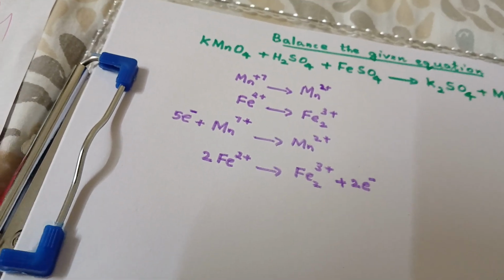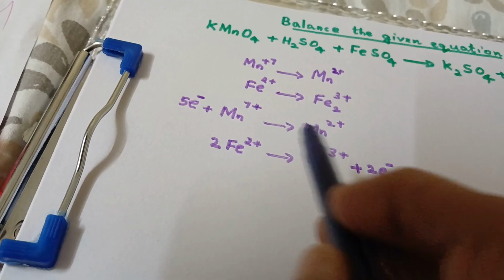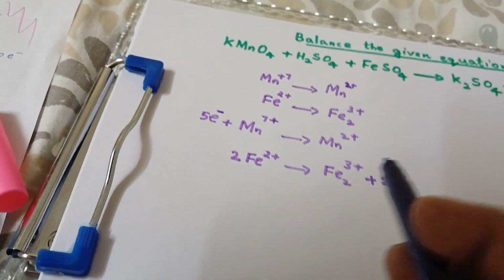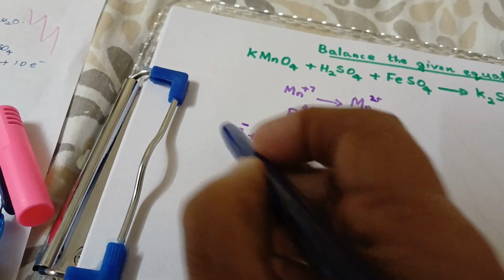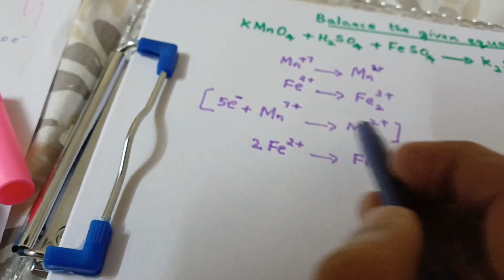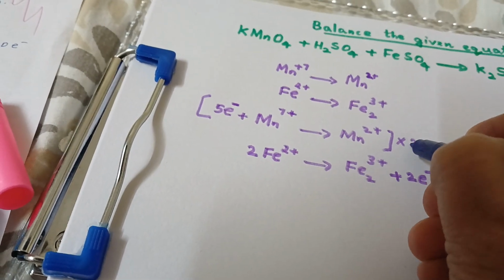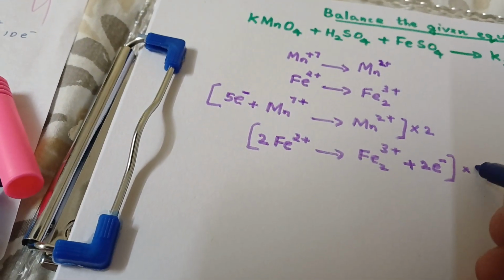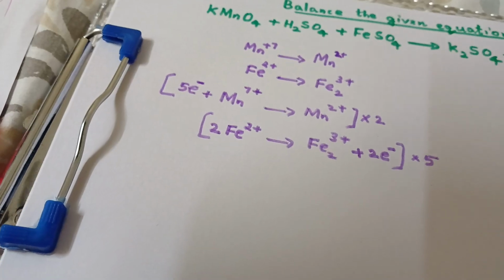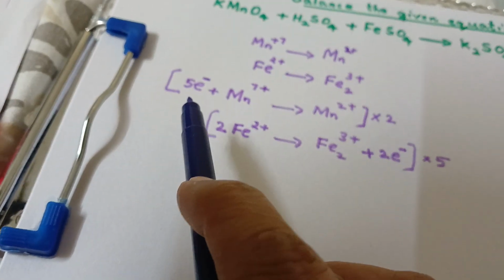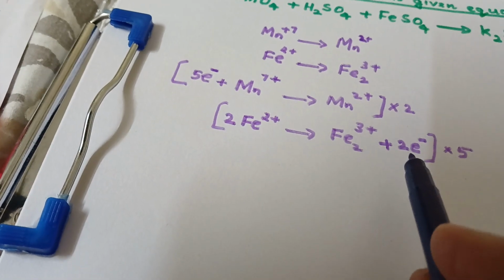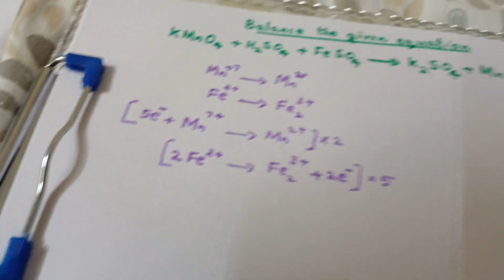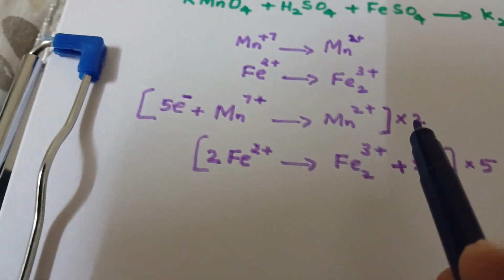Now we have to make the number of electrons in both the equations the same. For that we have to multiply this equation by 2 and this equation by 5. On doing that, we will get the number of electrons as 10 here. Now let us write the equations.